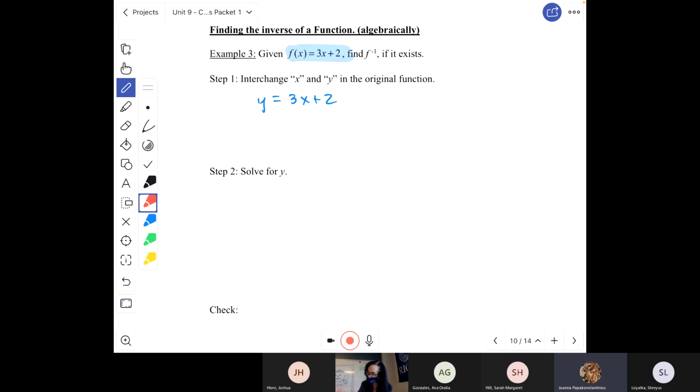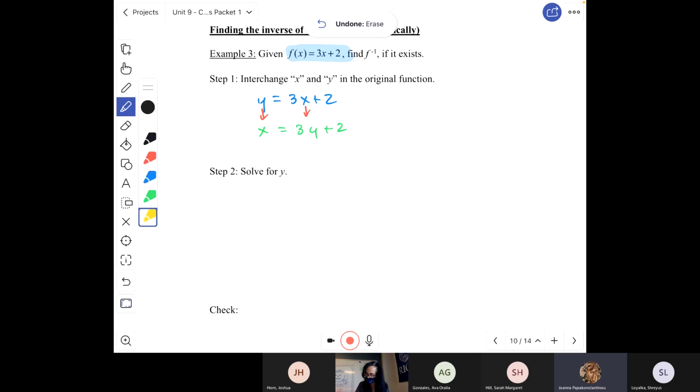So I can literally change the domain and range to x equals 3y plus 2. Do you see how I just interchanged my x and my y? That's all I did, because I know that's what it means to take the inverse. The domain of the original becomes the range of the inverse and vice versa.